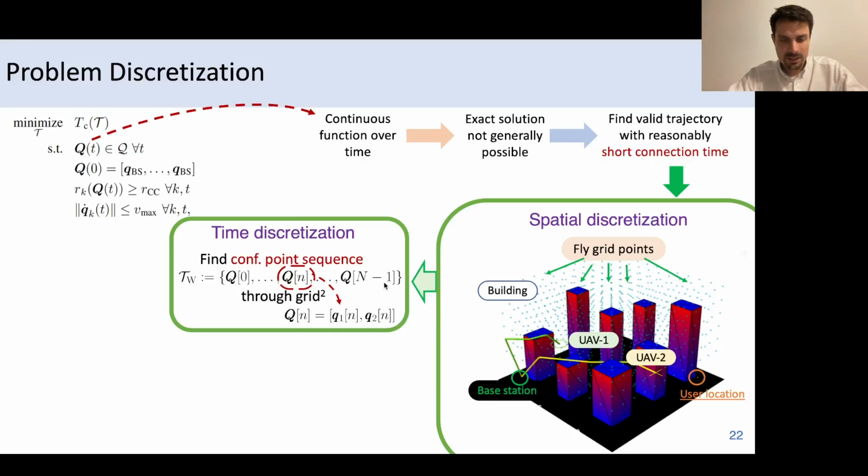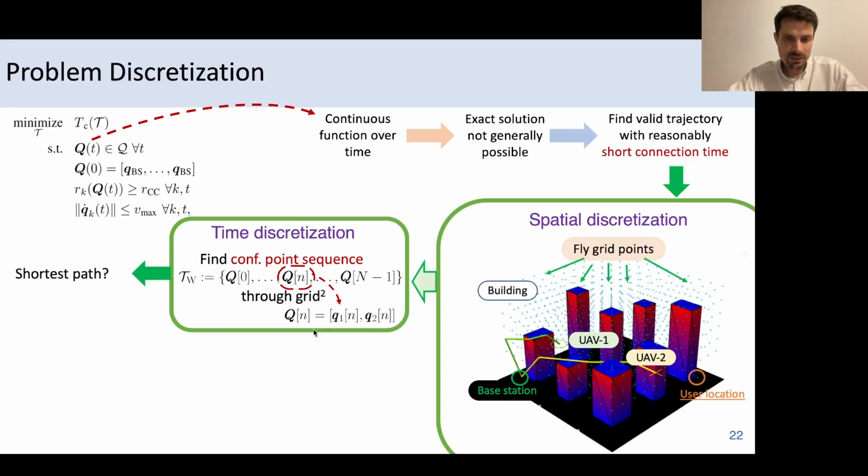Okay. So now the problem is discretized both in space and in time. Each of these configuration points must take one out of a finite set of possible values.